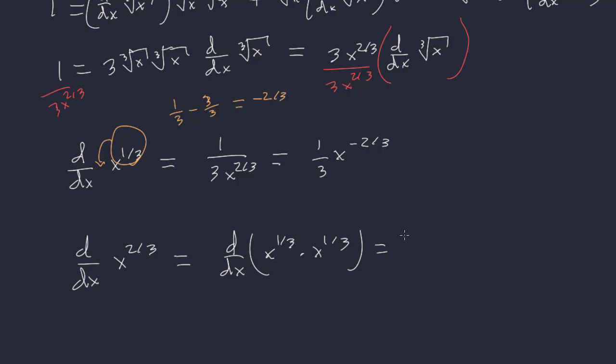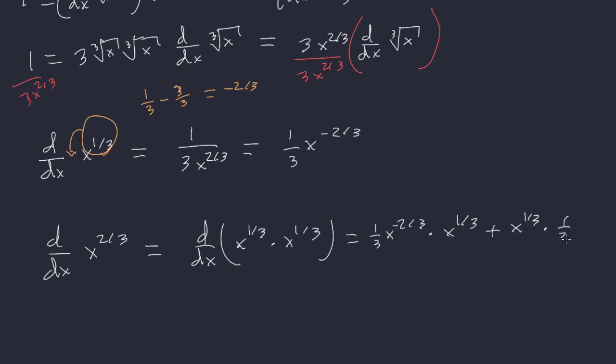Right? It'll be the derivative of the first, which is 1/3 x to the negative 2/3 times the first guy left alone. Okay? Then plus the first guy left alone, then times the derivative of the second guy, which will be 1/3 x to the negative 2/3. Again, we have like terms, and x to the negative 2/3 times x to the 1/3, well, that's going to be x to the negative 1/3.